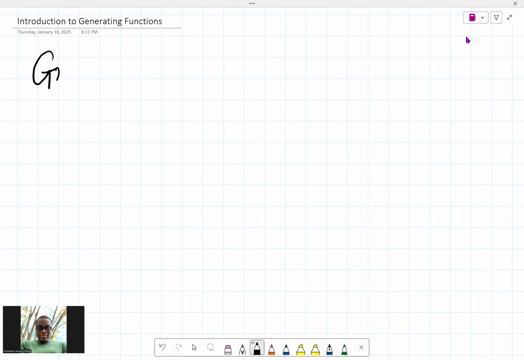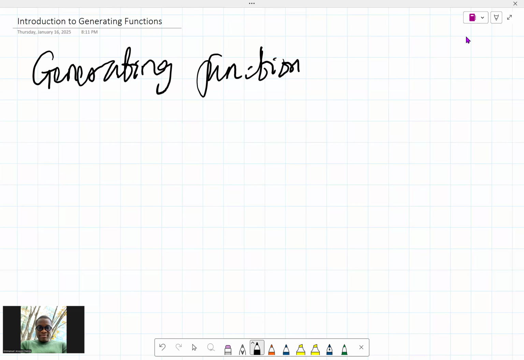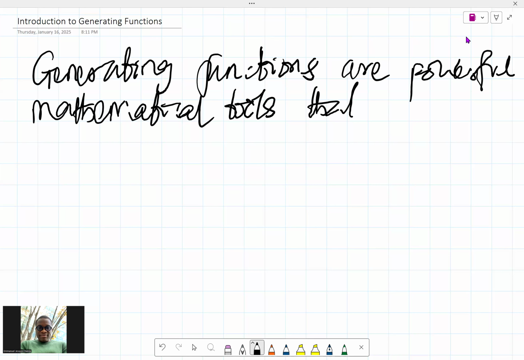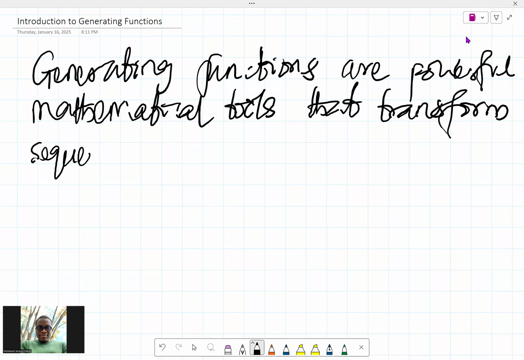Okay, so generating functions are powerful mathematical tools that transform sequences into algebraic expressions.